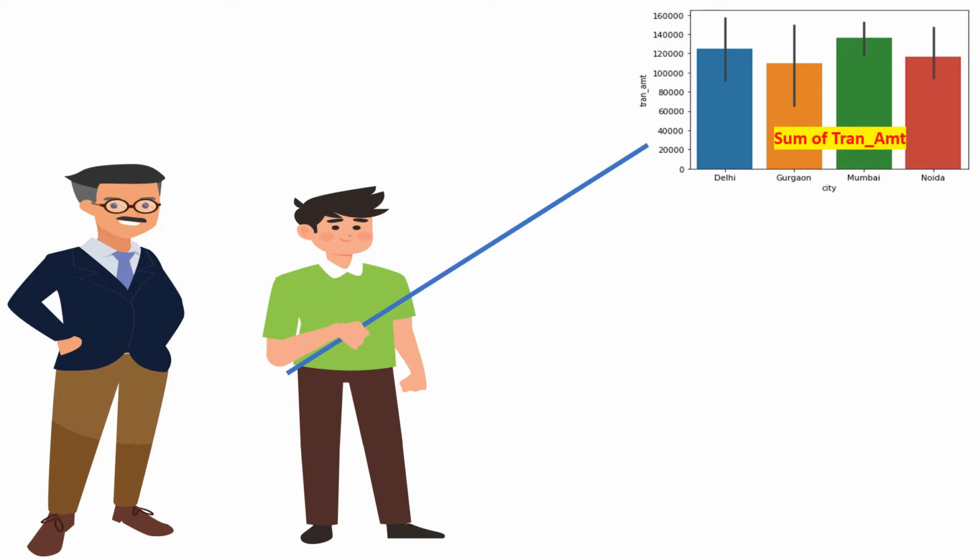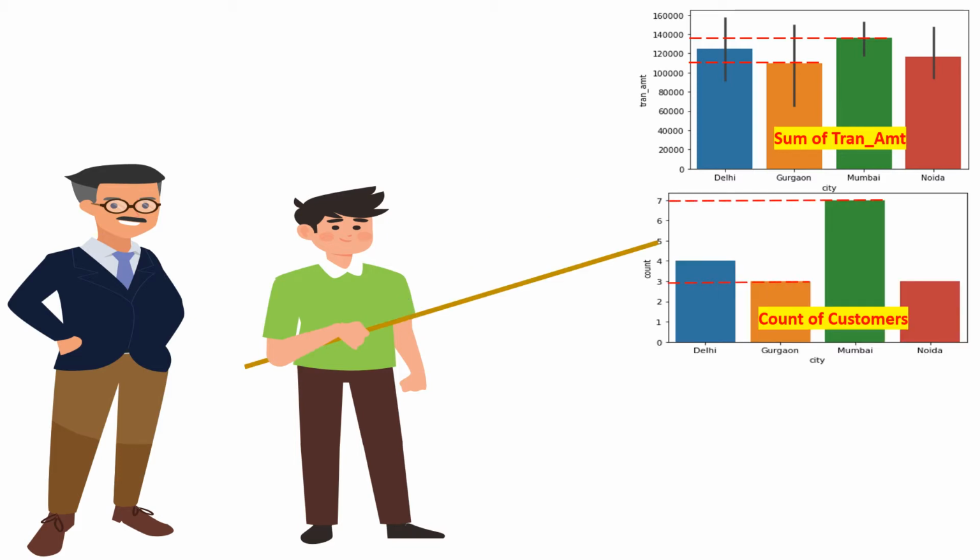Now you are ready with your visuals and you present them to your boss. Here you can show, boss, by looking at the sum, I can say Gurgaon is the city where we need to offer the rewards. But I dived deeper, and by looking at the count, I can say that many customers in Mumbai have done transactions, while just 3 customers have done transactions in Gurgaon, and they have contributed somewhere around 109,000 rupees in transaction amount.